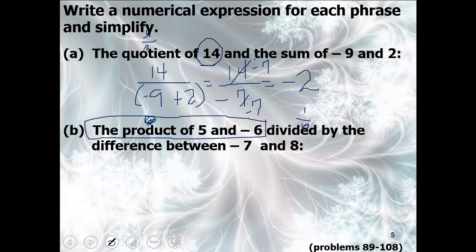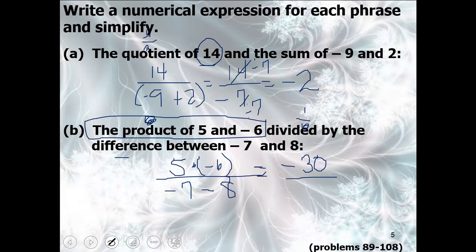So I have 5 times negative 6 divided by, there's my big division sign, the difference between negative 7, difference means subtract, minus 8. So 5 times negative 6, I'm multiplying mixed signs, so I'm always going to get a negative. And 6 times 5 is 30.